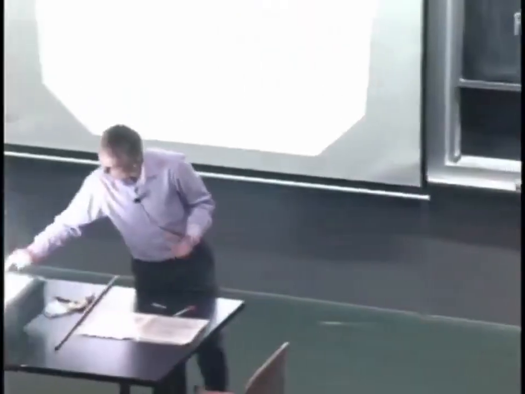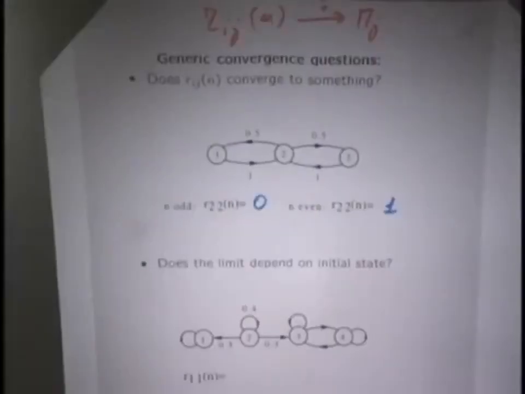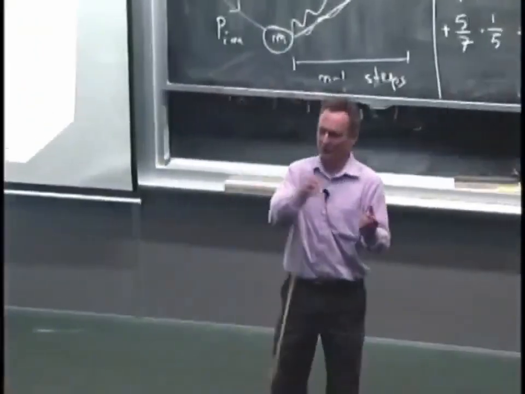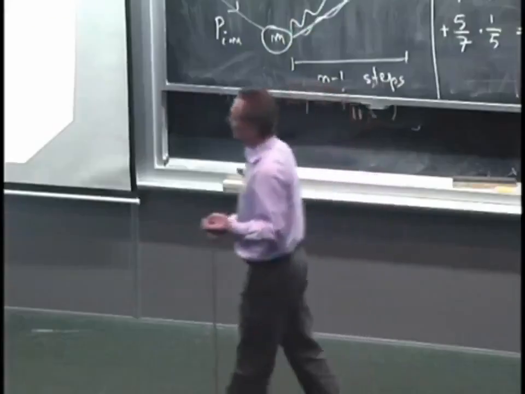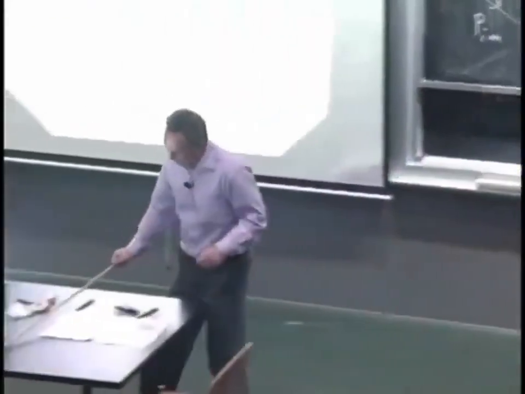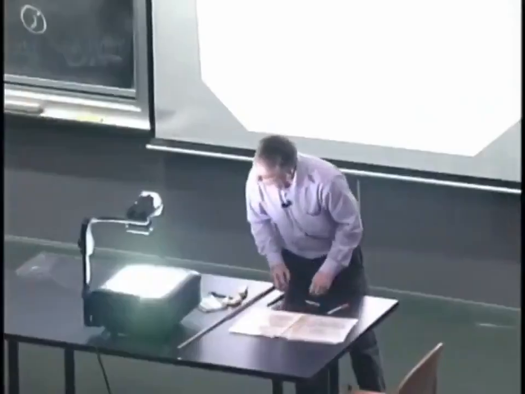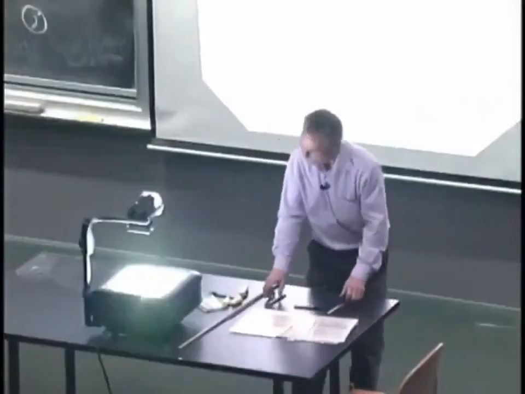The second question is whether, if we have convergence, the initial state matters or not. In the previous chain, where you could keep going back and forth between states 1 and 2, numerically one finds that the initial state does not matter. But you can think of situations where the initial state does matter.